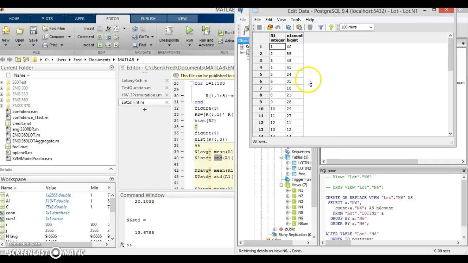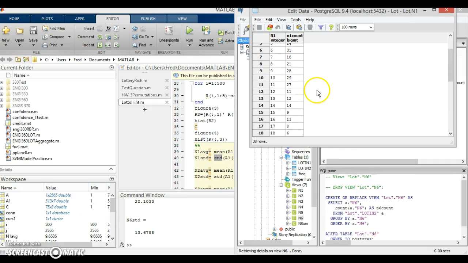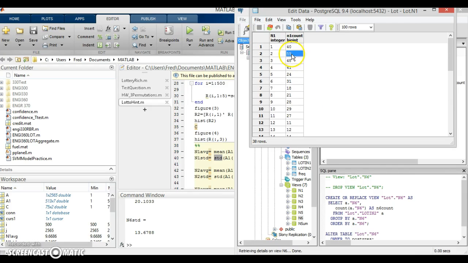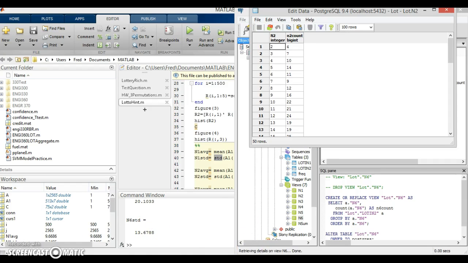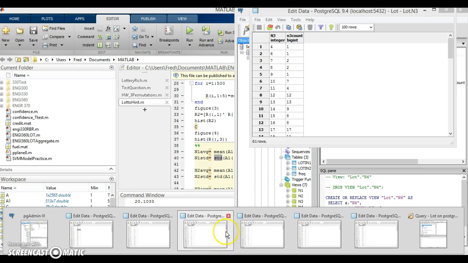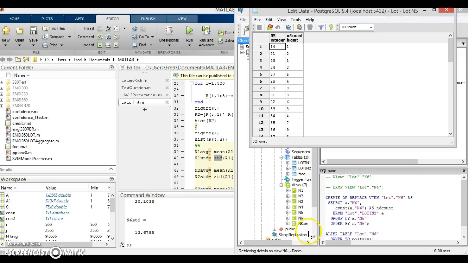These are the counts of N1, and we can see that the top ones are like 1, 2, 3, 4, and 6. And then we can go through each of these: in N2, those are the top counts, N3, top counts, N4, top counts, N5, top counts, N6, top counts, and so on and so forth.